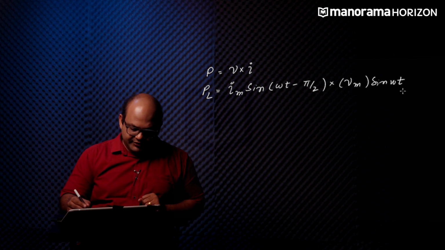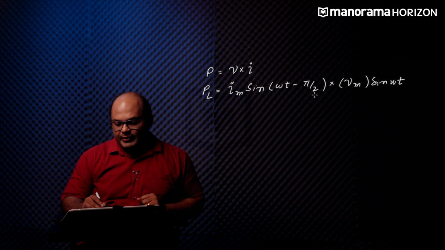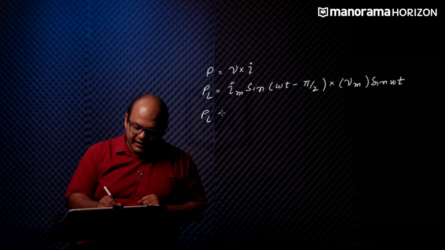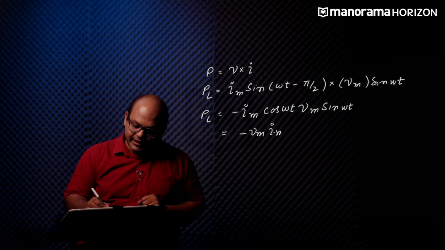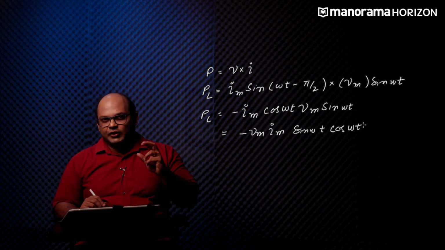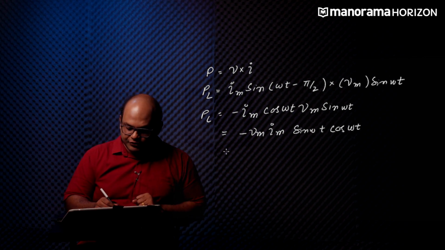We can rewrite this equation. Since we know that sine(omega t minus pi by 2) is equal to negative cos omega t, I can write PL as negative Vm Im sine omega t cos omega t. We can try a little trigonometric manipulation here. Let's multiply and divide this equation by 2.